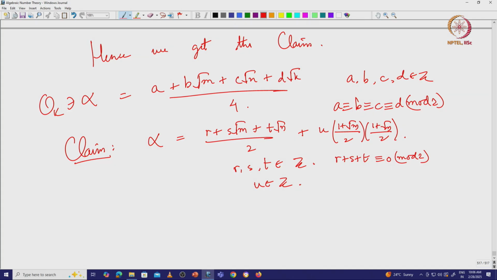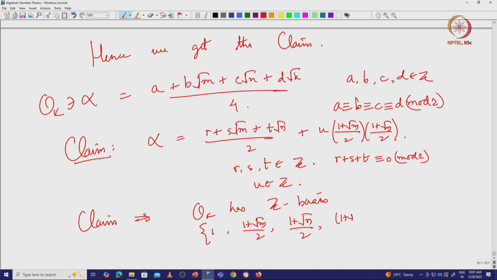All right. So I will prove the claim in a moment, or at least give you some idea of how to prove the claim. But if we assume the claim, what does the claim give? The claim implies that O_K has Z-basis 1, (1+√m)/2, (1+√n)/2, and (1+√m)/2 times (1+√n)/2.